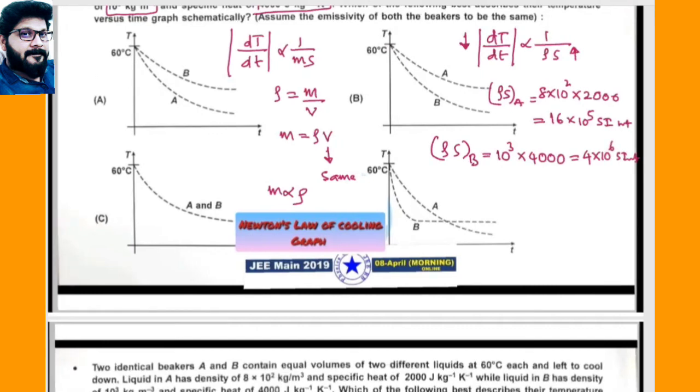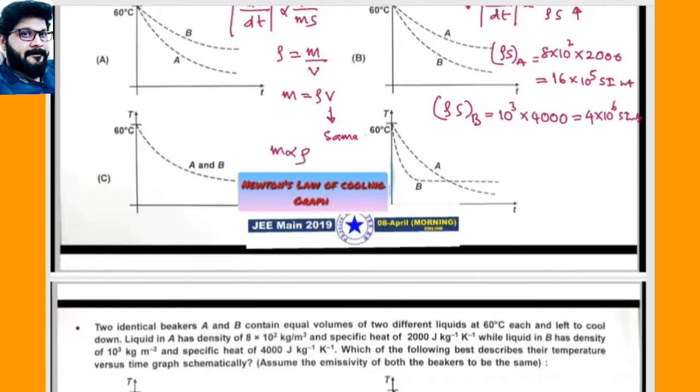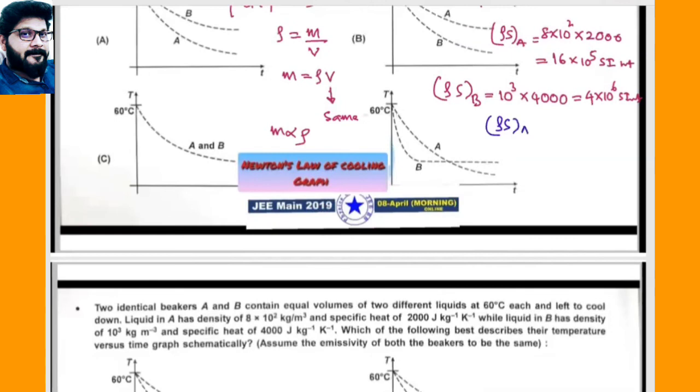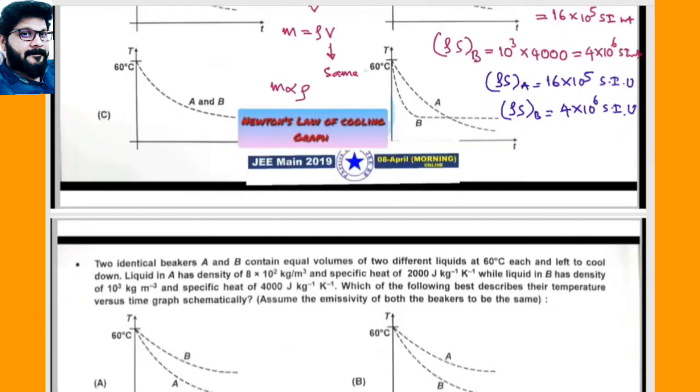So rho into S for A equals 16 into 10 to the power of 5 SI units, and rho into S for B is 4 into 10 to the power of 6 SI units. Hope this is clear. So in comparison, I can say that rho S of A is less than rho S of B, as we just discussed.